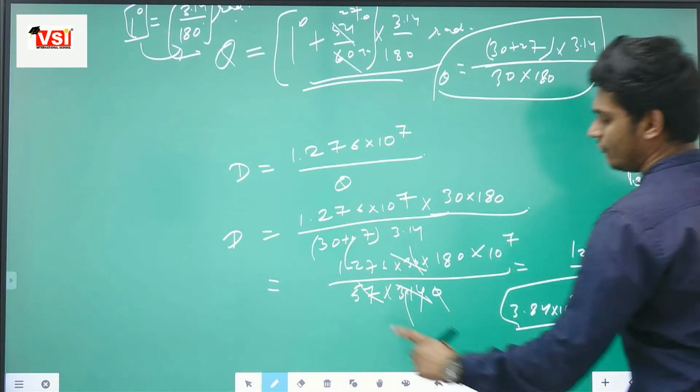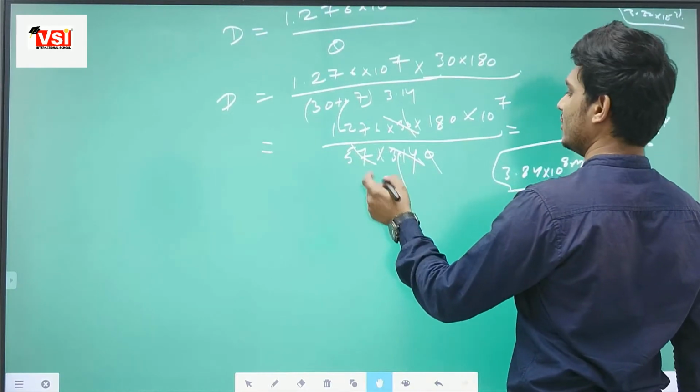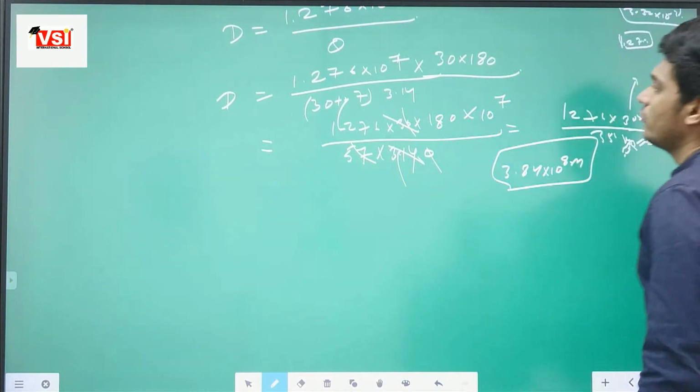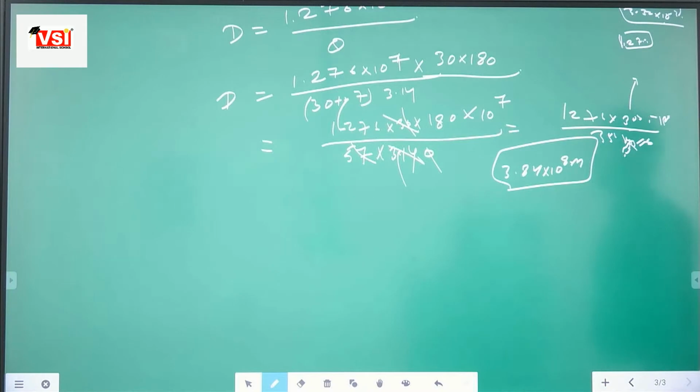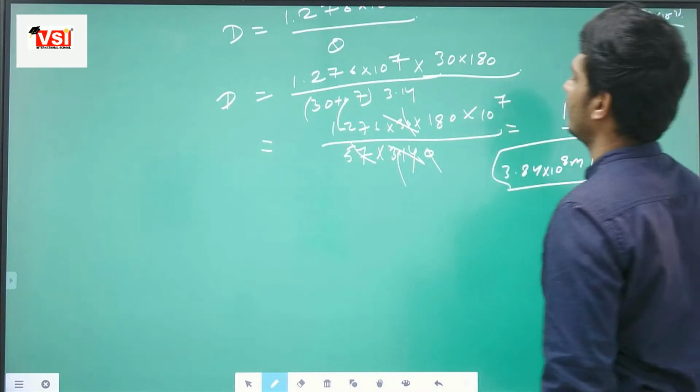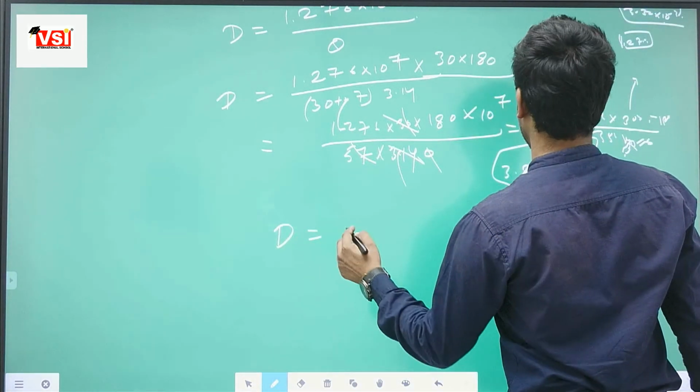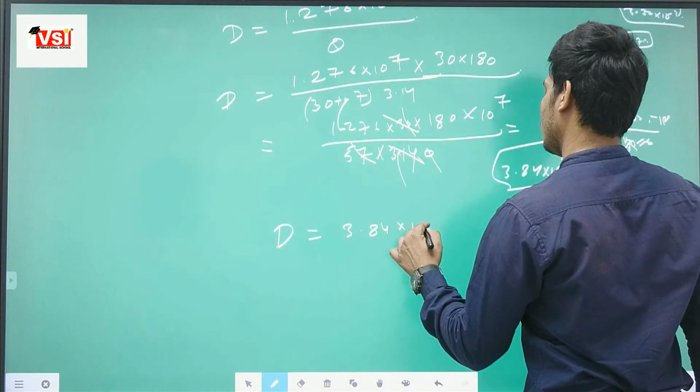It is simple mathematics: first we put the values, then simple multiplication and division, and you get D equal to 3.84 into 10 to the power 8 meter.